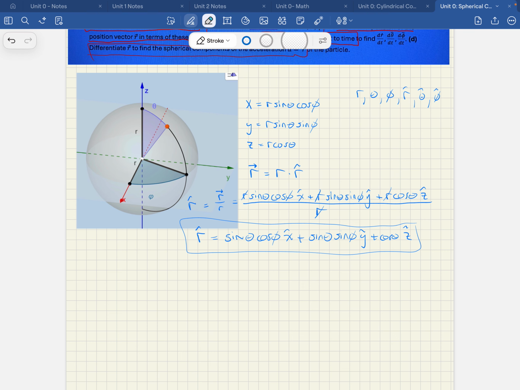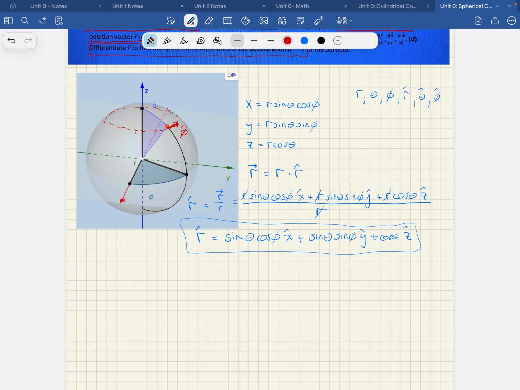So phi hat, I said there is a circle at constant z on the sphere, and phi hat is going to point in the direction of increasing phi along that circle. First thing I notice is no z hat component.